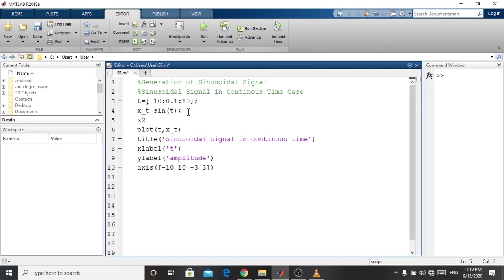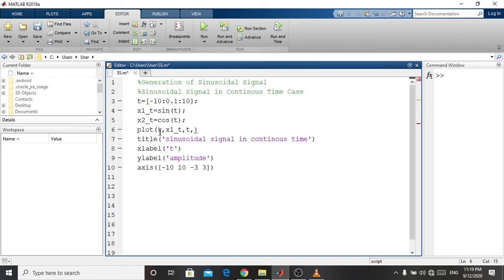Let's define x2_t is equal to cos of t. Let's change these to x1 of t, and I am going to plot the two functions in the same graph. The syntax for that is plot x1 y1, then x2 y2.